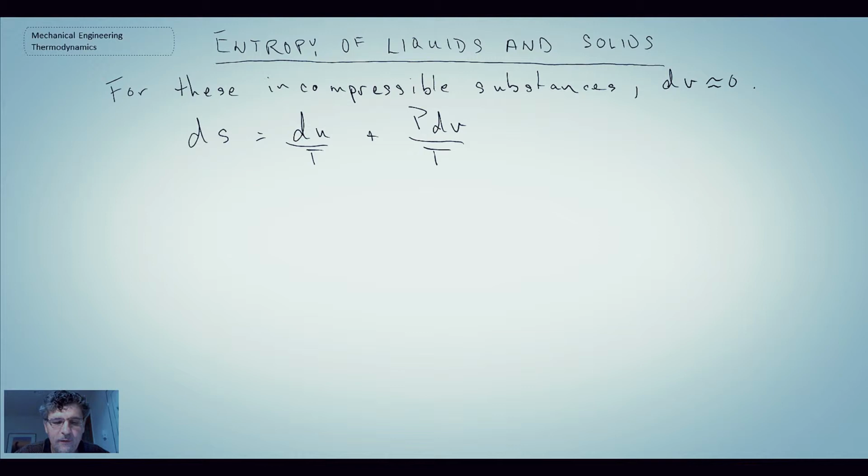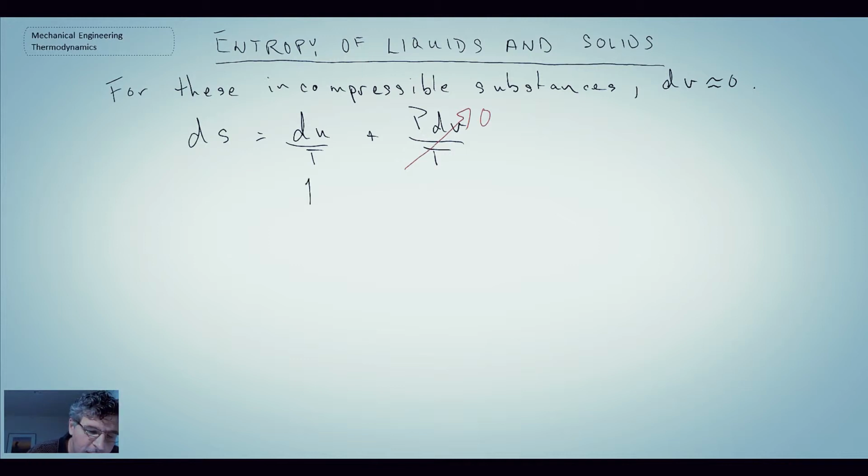So looking at the differential form that we derived from Gibbs' equation, what we can do first of all, if we assume that these are incompressible substances, the dV term goes away. So the second term from our equation disappears.